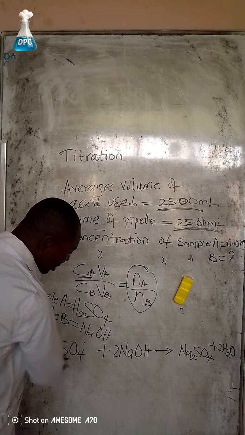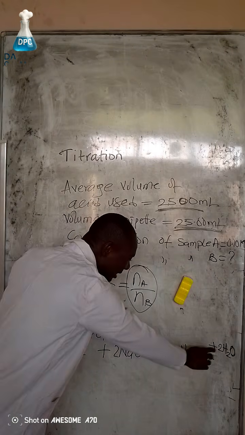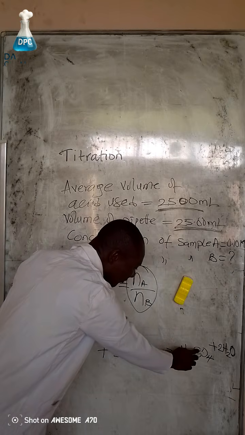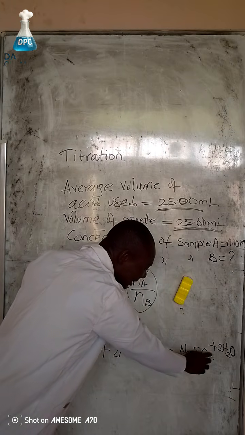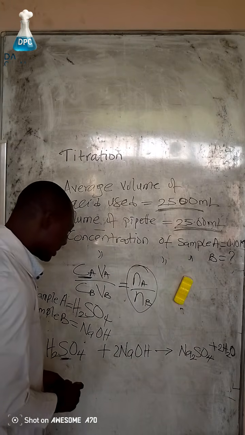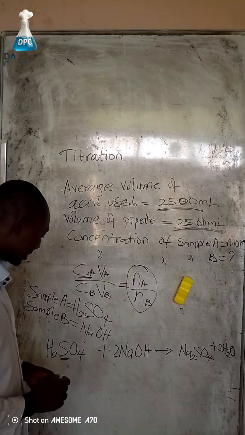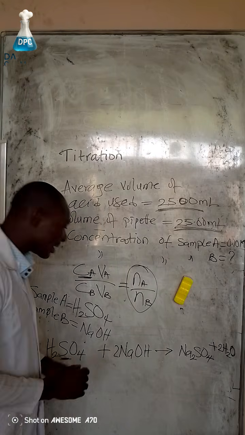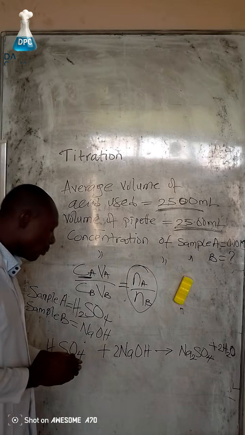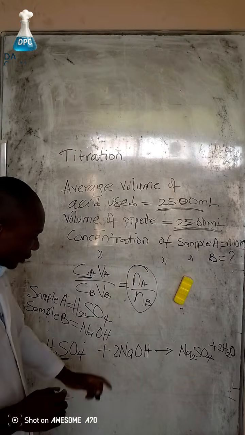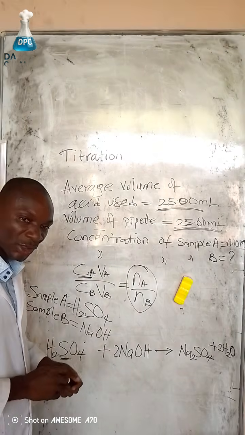So there's 6 put together. Then how many do we have here? Here we have 4, and then here we have 2. We have 6 oxygen. Now, oxygen is also balanced. It then means that in this chemical equation, we have both sides balanced. So this is a balanced chemical equation.